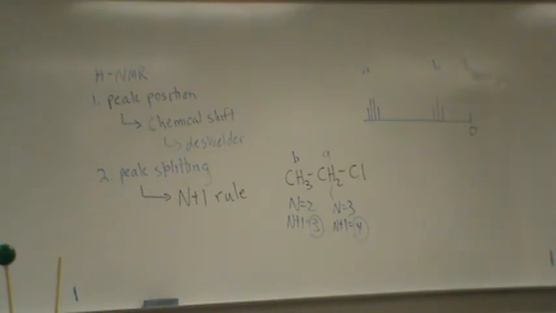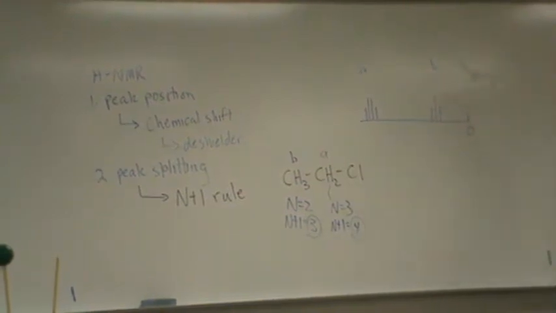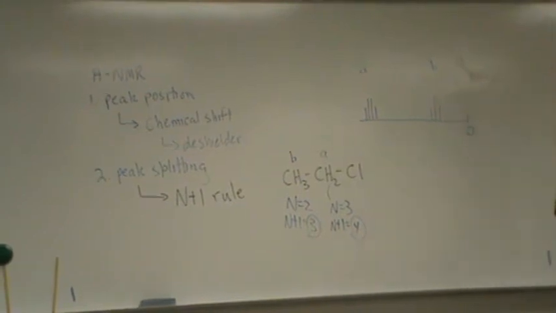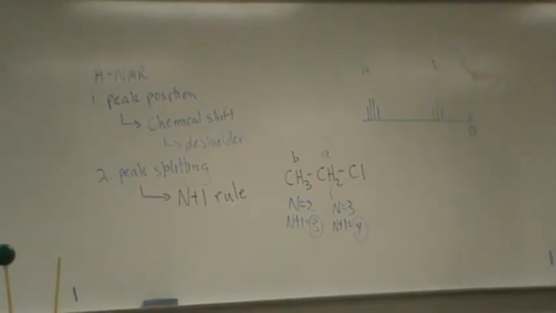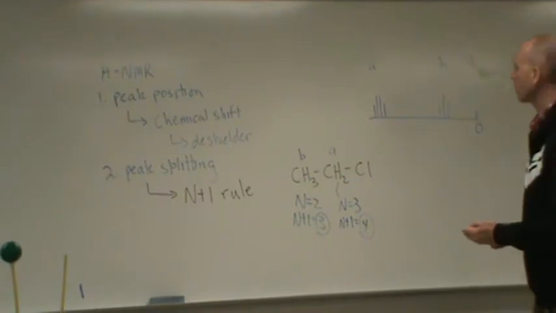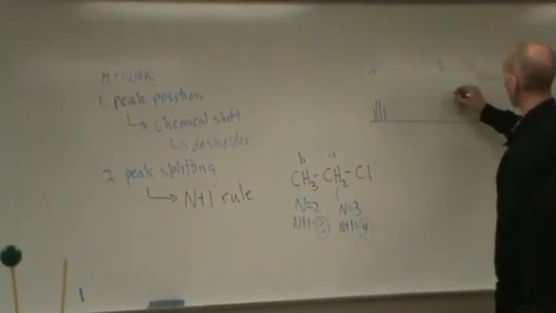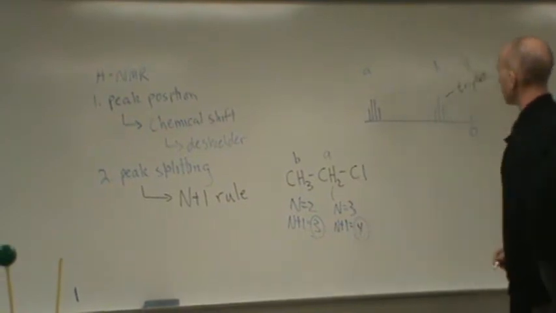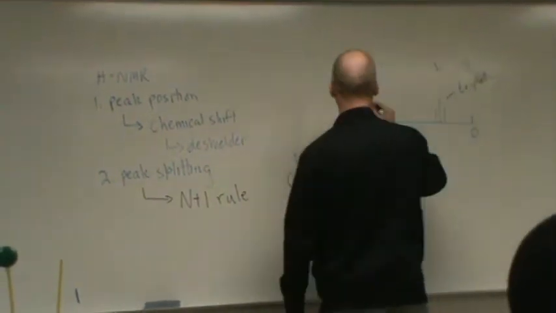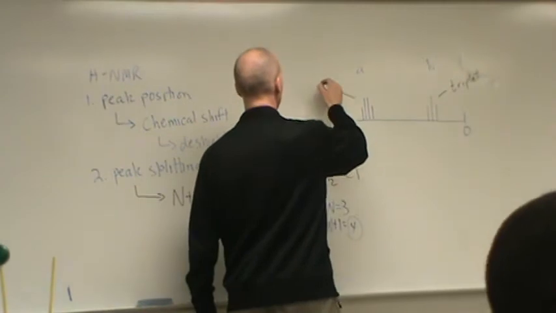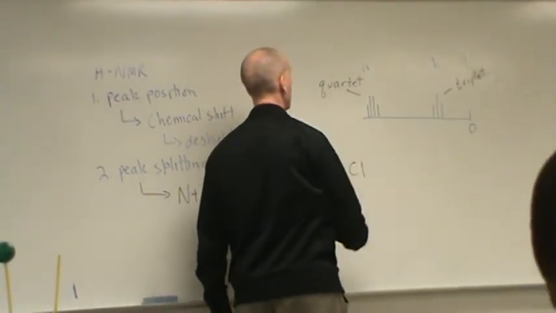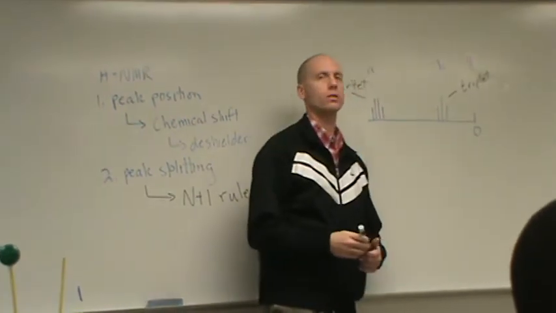This is what we mean by peak splitting. And this is what these peaks would look like. We call this peak here with 3 lines a triplet, and this peak here with 4 lines a quartet.